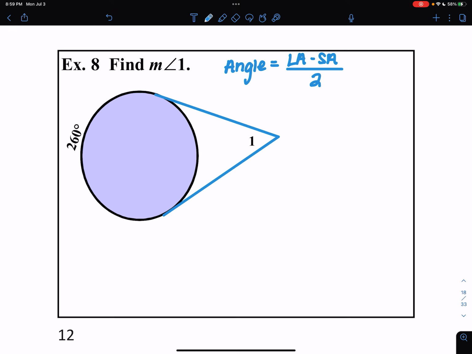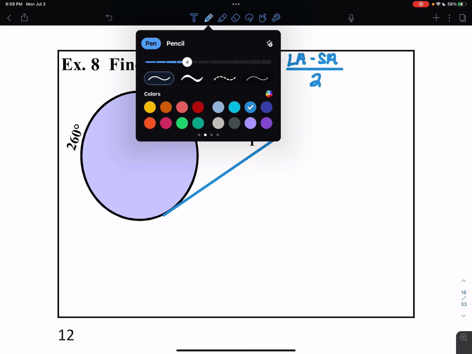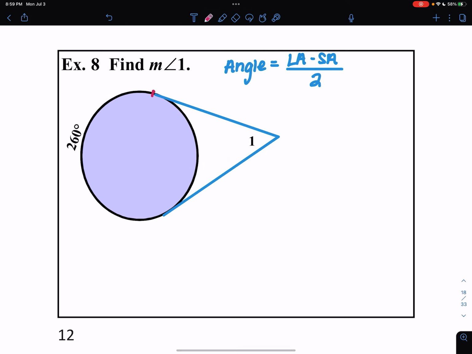So what piece of information do we know? Well, they gave us this 260, which represents the large arc. Now, what I want you to notice is that since the angle is formed by 2 tangent lines, the small arc is actually the rest of the circle.